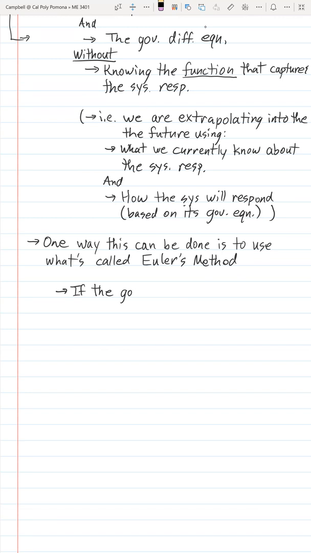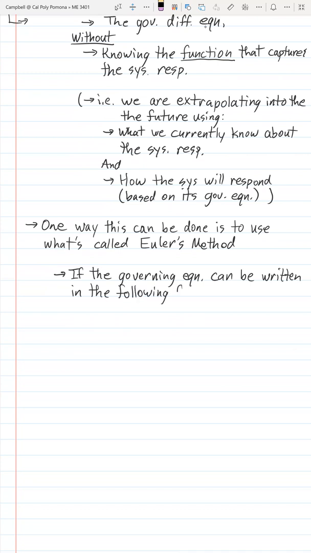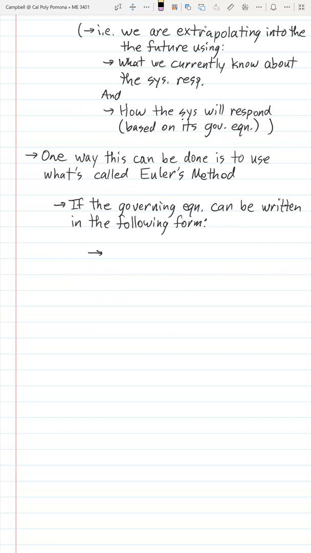So provided that the governing equation can be written in the following form. So remember how I said that this will work for equations that can be written as first order ODEs.